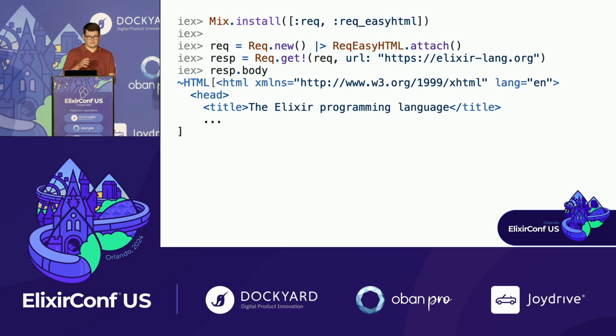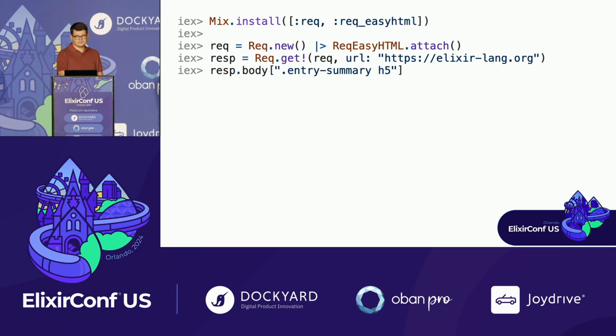The inspect representation uses the sigil, and we can totally copy-paste this code around. So again, we have these tools that allow us to customize, extend the language, the platform for new domains. Oh, so we also implement the Access behaviour, so the square bracket syntax. Here we can use the CSS selector syntax to easily find stuff.